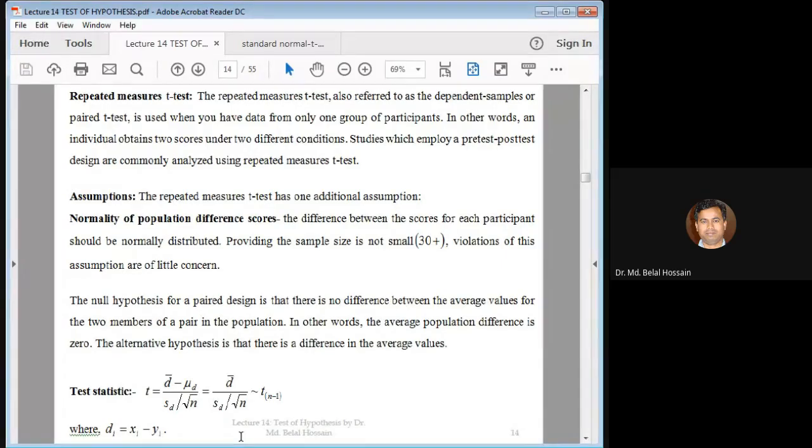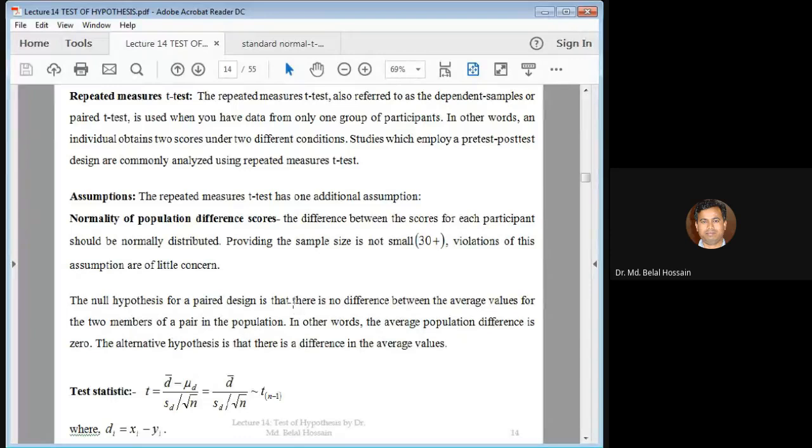So x1 is coming from a single individual, and y1 is that value from the same individual, but that is the post score.